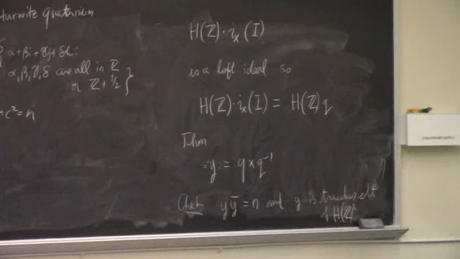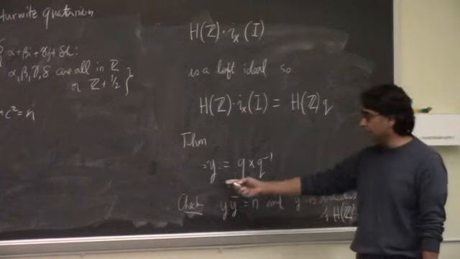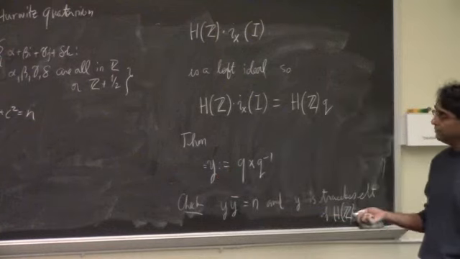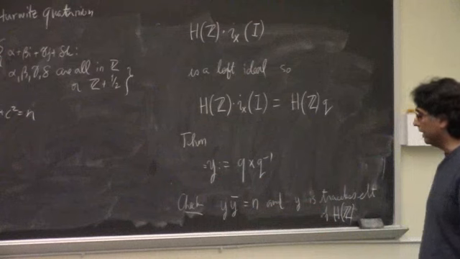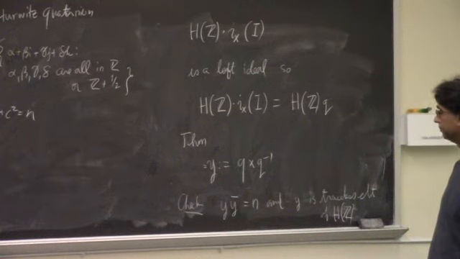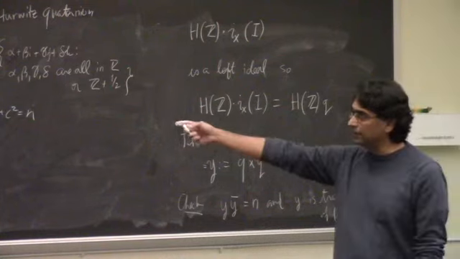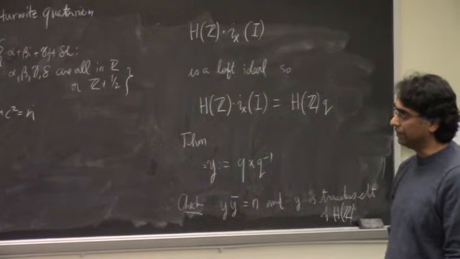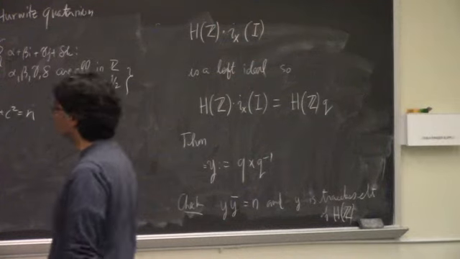So in other words, if y is a prime i plus b prime j plus c prime k, then a prime squared plus b prime squared plus c prime squared will again give you n. And a prime, b prime, and c prime are all integers. Okay, so this actually defines this action of Pic O_K on sums of three squares.